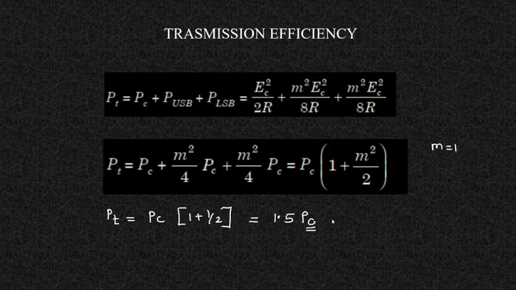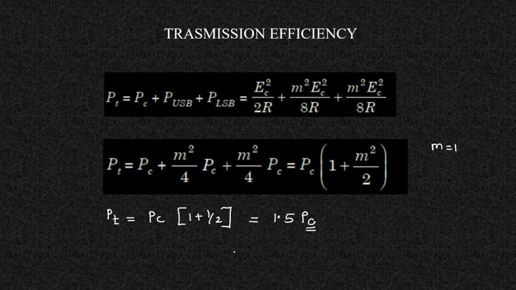So it is clear that the carrier component is redundant. As far as transmission of intelligence is concerned, you can save 70% of the total power if you go for vestigial sideband transmission, and you can increase the transmission efficiency also.